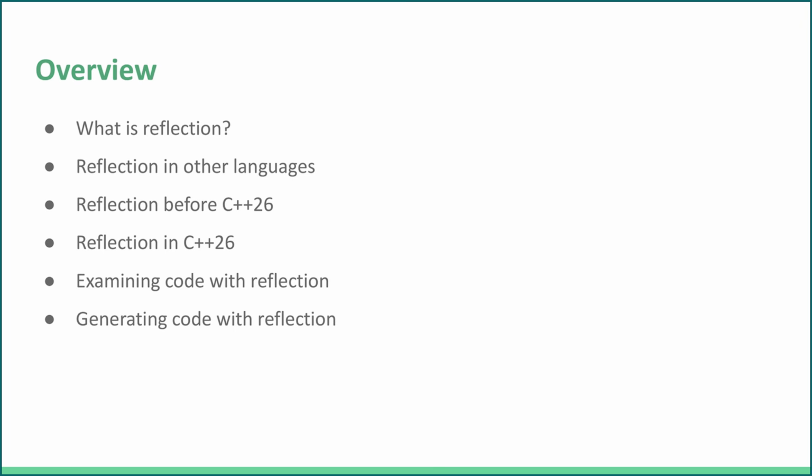And although the committee has been discussing reflection in C++ for a long while now, finally we're going to get it in 26. But this is something that has been almost decades in the works. So we'll see how reflection works in other languages, just to compare the implementation in C++ and the feature support in the first C++ implementation.